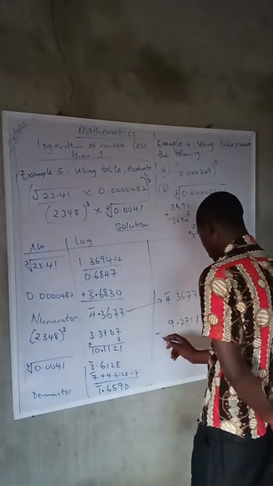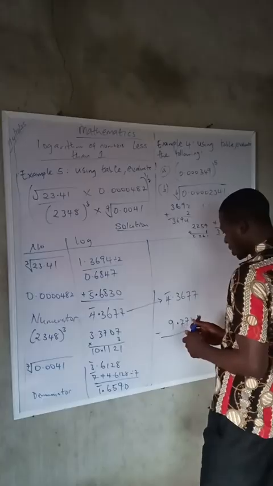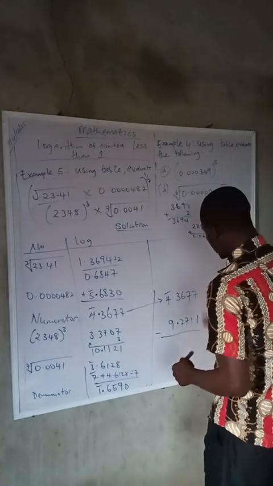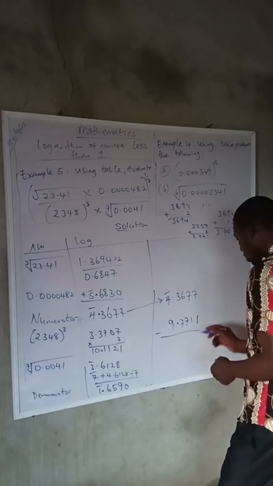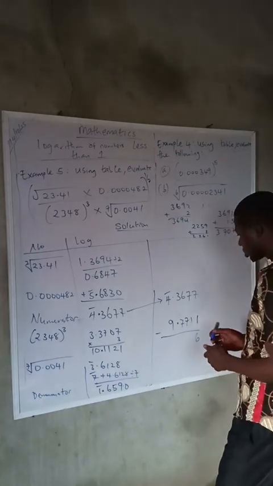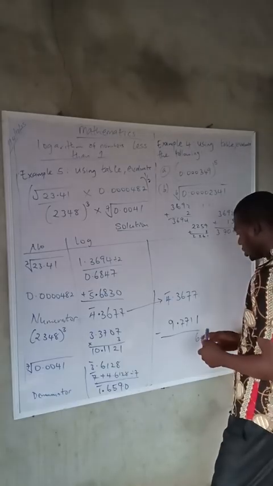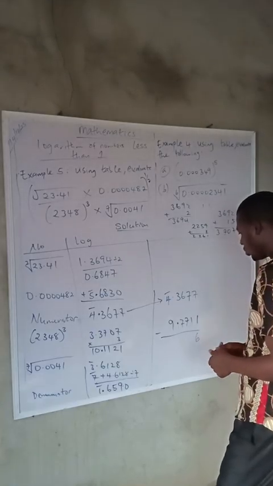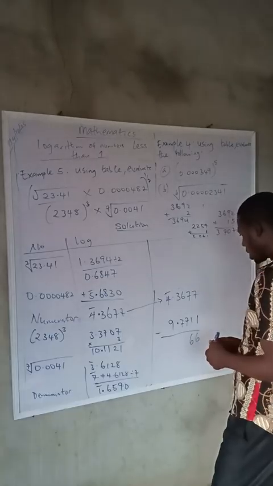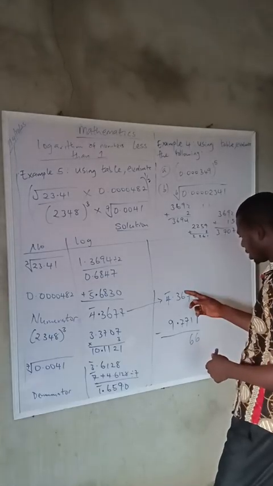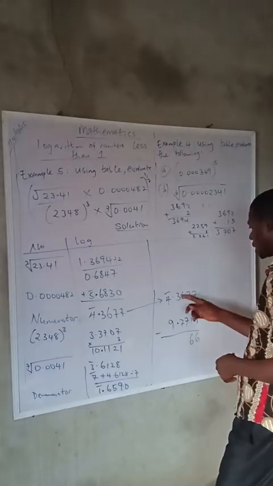So now we can subtract them to get a particular value. On subtracting here, we have 7 minus 1, you have 6. 7 minus 1 again, we have 6. Then this 6, you can't subtract 7 from it, so you have to borrow 1.